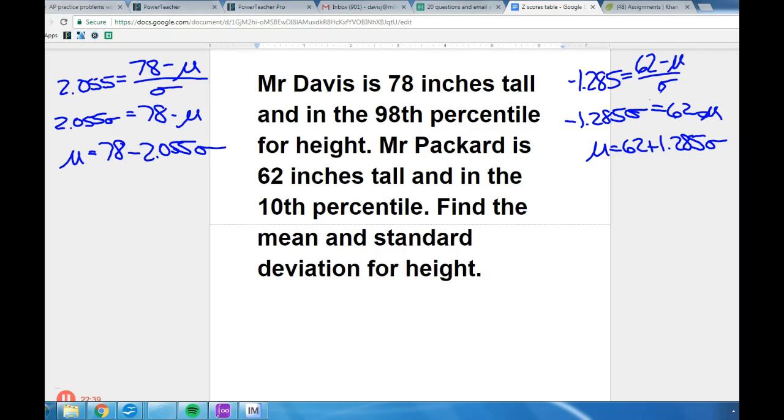Now that I have them both equal to mu, what can I do with those two things? Set them equal. So 78 minus 2.055 times standard deviation equals 62 plus 1.285 times standard deviation. Move the 62 over, and this will tell me 16.